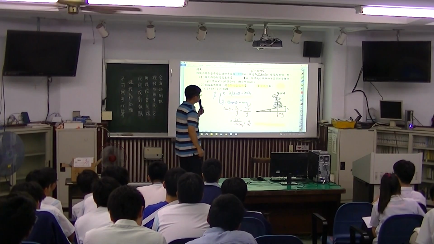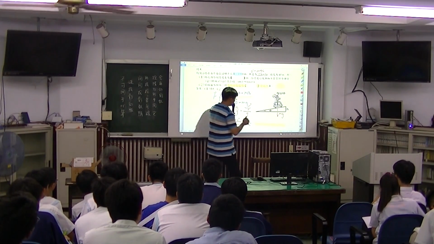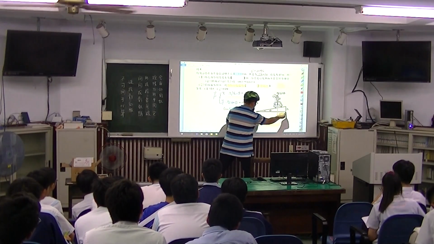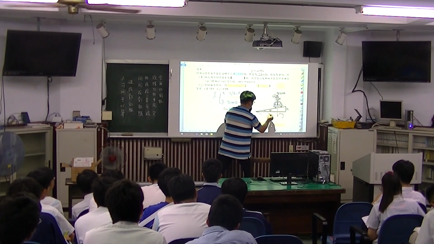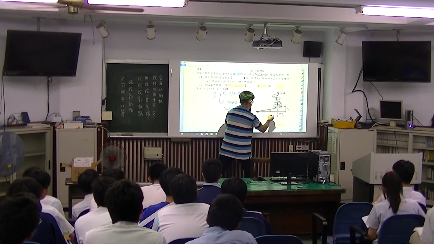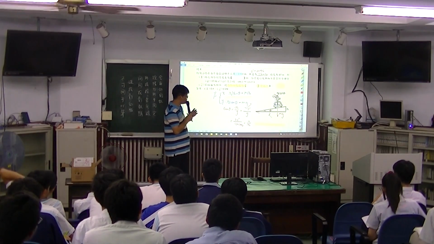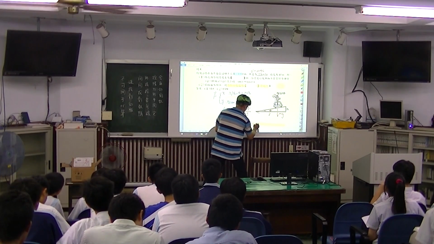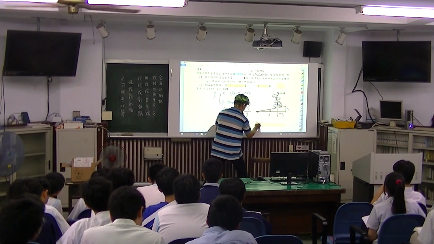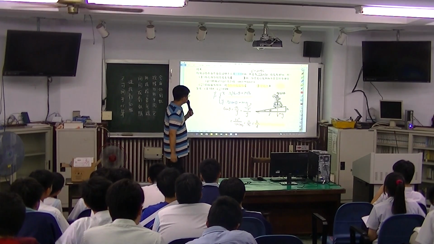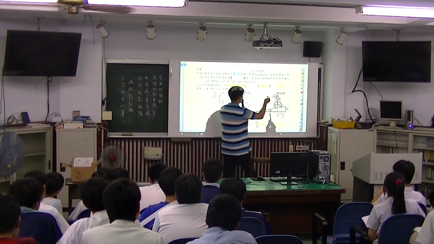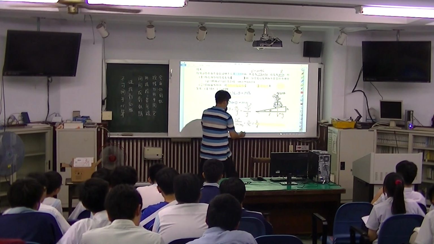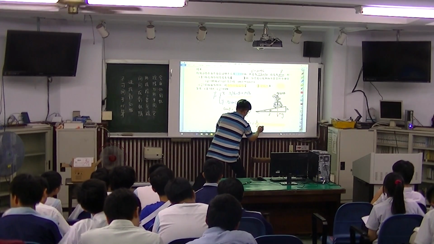So that's the tangent theta, and we know that tangent theta is the height over the width of the road, H over L. So we can get that L is 40.